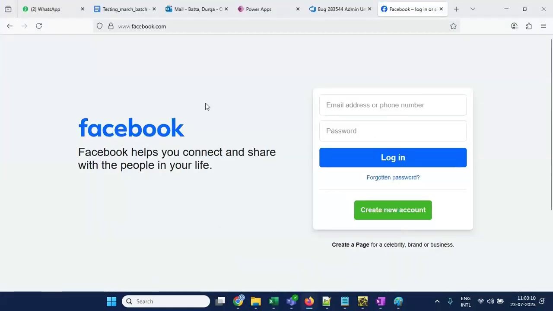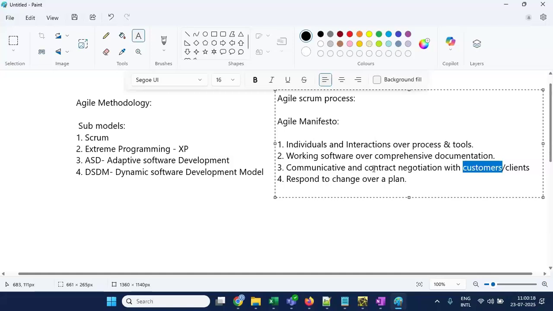Let's say if the customer is using it, how exactly they are using it we don't know, then at that time you should contact your clients or customers: what is the main purpose, what is the use case, how it is being used by the customers. For understanding such things, you have to be communicative with your customers or clients. That is the main thing.